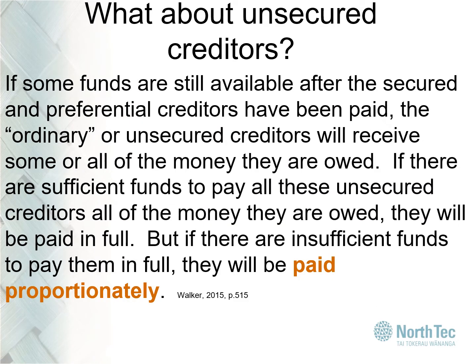When it comes to the unsecured creditors, if some funds are still available after the secured and preferential creditors have been paid, the ordinary or the unsecured creditors will receive some or all of the money that they are owed. If there are sufficient funds to pay all these unsecured creditors all of the money they are owed, they will be paid in full. But if there are insufficient funds to pay them in full, they will be paid proportionally.